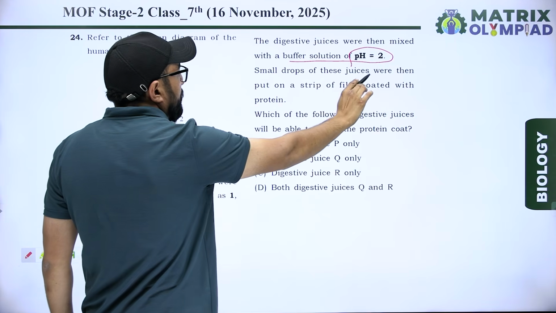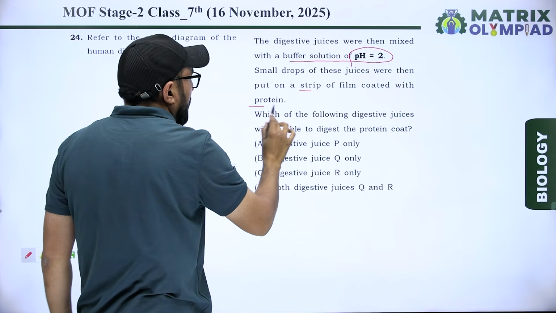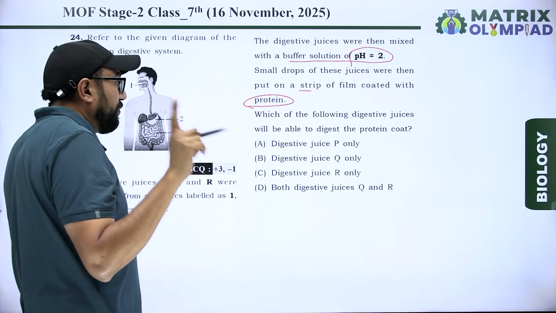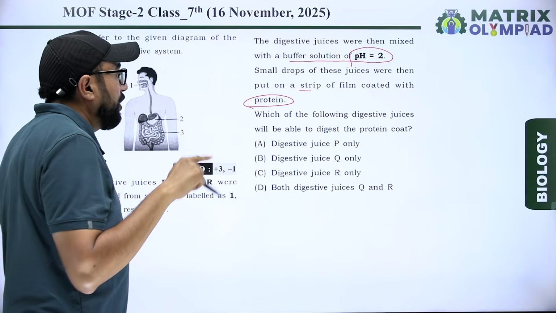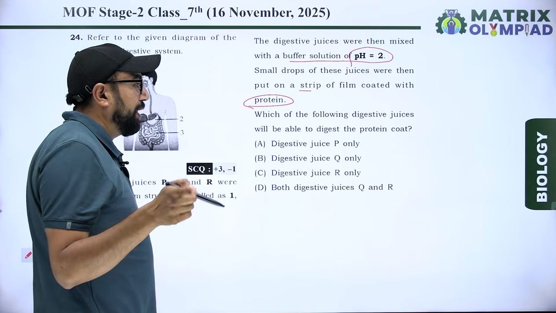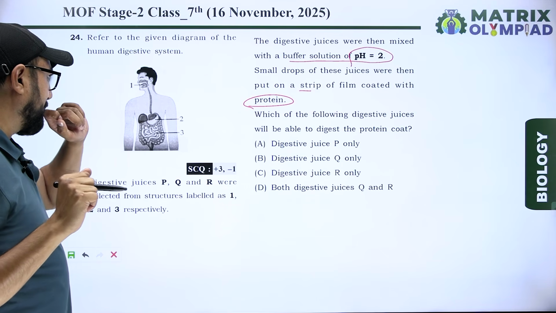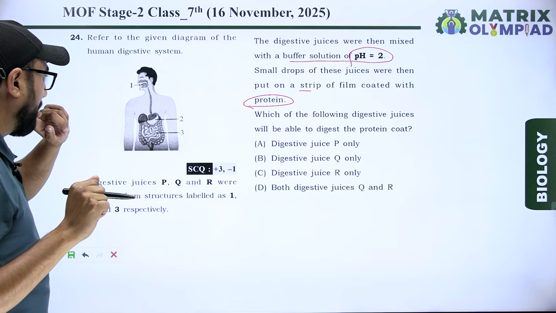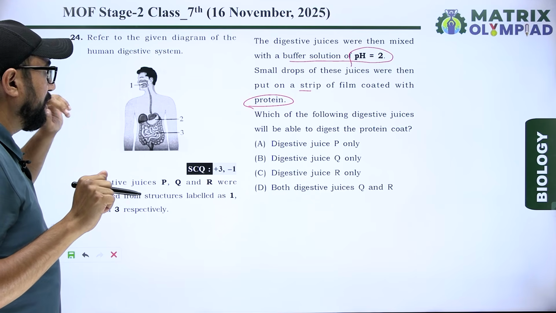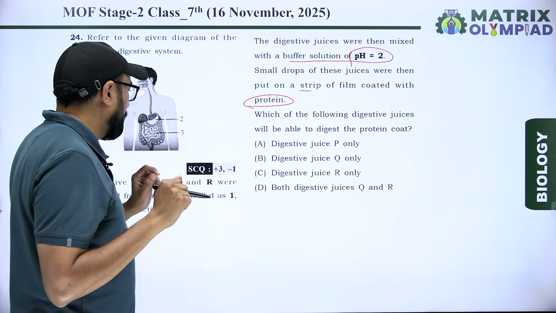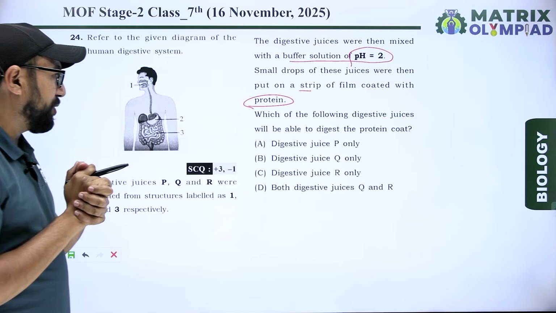A small drop of these juices was then put on a strip of film coated with protein. Which of the following digestive juices will be able to digest the protein coat? Relate with protein. Digestive juice P, digestive juice Q, and digestive juice R.